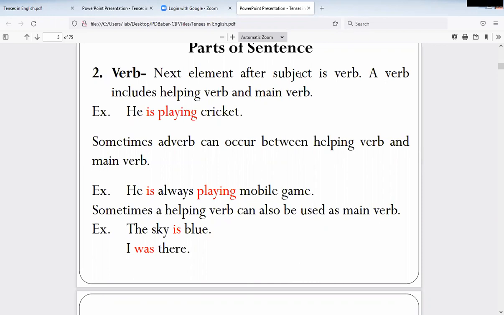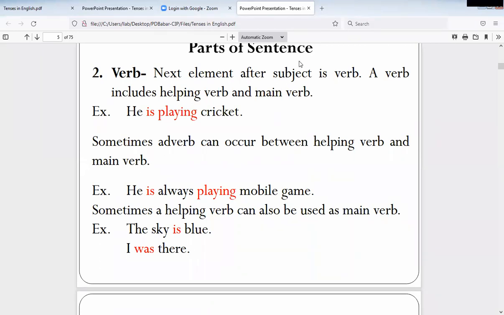It denotes the action which the subject is performing. So a verb is the word which shows action, and it has two types: auxiliary verb and main verb.